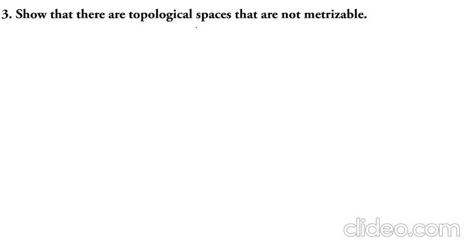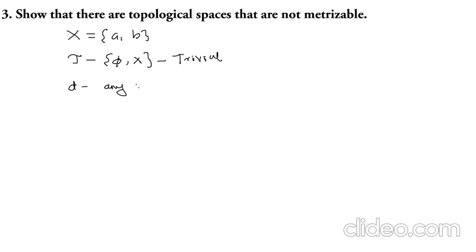Next question, show that there are topological spaces that are not metrizable. For that we consider a space with two members A and B, and consider tau as the trivial topology, that is, the empty set and the whole set, and let D be any metric on X and tau1 be the topology induced by D. So we have to prove that here tau is not metrizable.